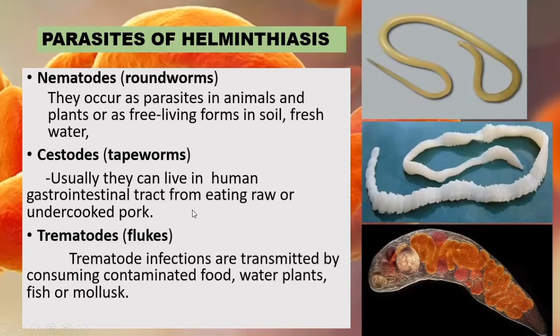The cestodes usually live in the human gastrointestinal tract from eating raw or uncooked pork or meat. And then the trematodes, or the flukes, are responsible for a significant number of infections that are transmitted by consuming contaminated food from water plants or in fish or mollusks.